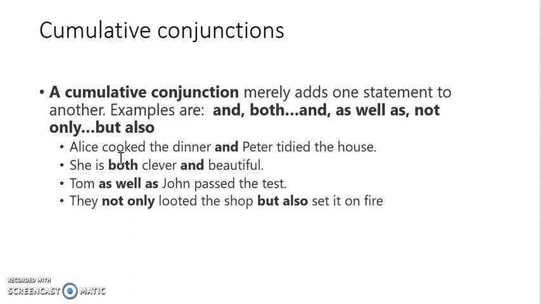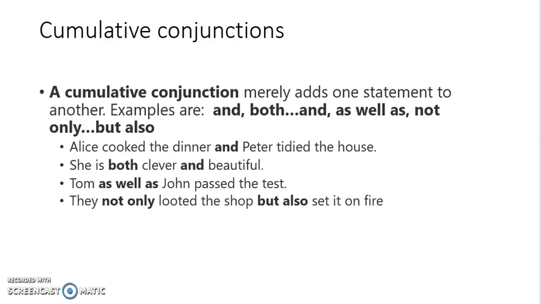So you use the cumulative conjunction as well as to connect these two sentences. They not only looted the shop but also set it on fire. They looted the shop, they set it on fire. So you have cumulated it, and the independent clauses are of equal importance. So that becomes a cumulative conjunction.